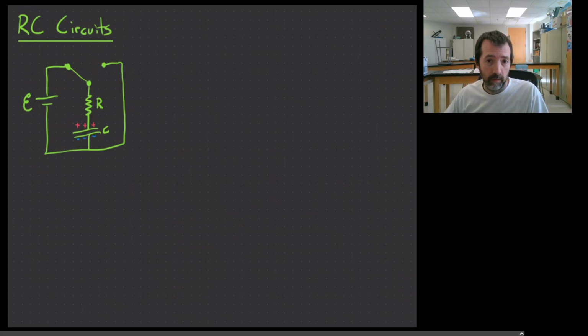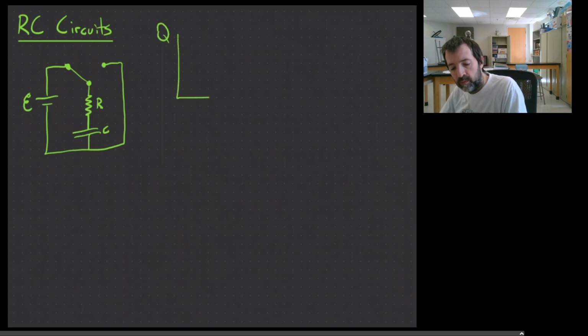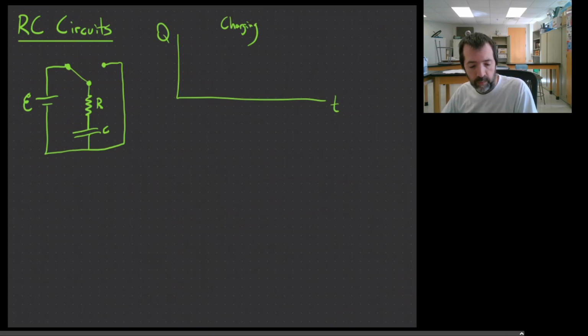We've already talked a little bit about capacitors in isolation. So if you look at the charge of the capacitor as a function of time, assuming it starts at Q equals 0, you're going to find that it behaves something like this.